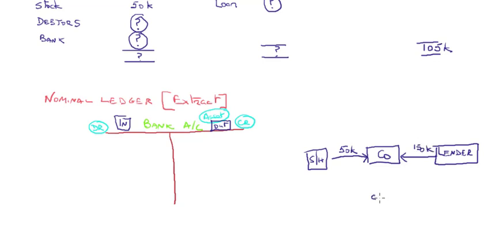And the customers also put in some money because they were paying for the goods that they bought on credit. That was 420k. So there we have our lodgements.